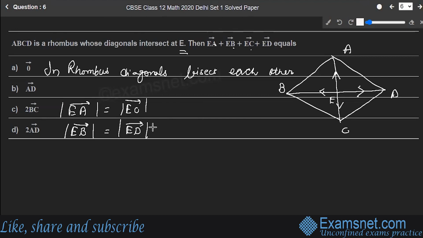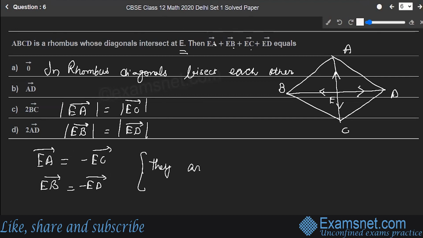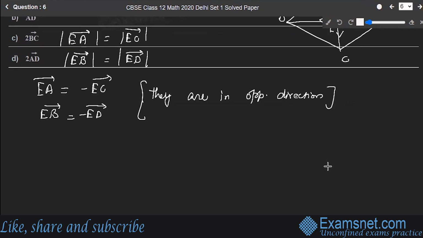Correct. But since they are in the opposite direction, if I talk about the vectors, then EA vector is equal to minus EC vector. EB vector is equal to minus of ED vector. Why? Because they are in opposite direction. Correct.